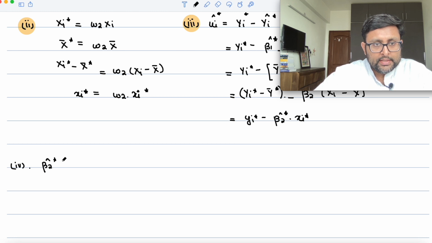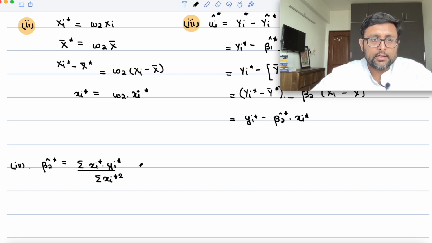What is beta 2 hat star? Summation small xi star small yi star upon summation small xi star square, right? Okay. What is small xi star?